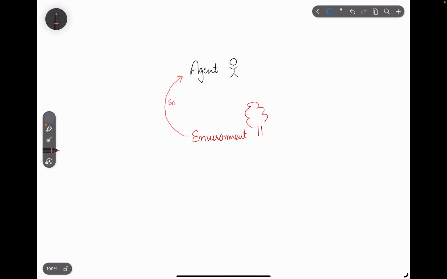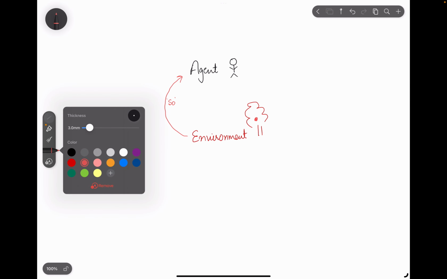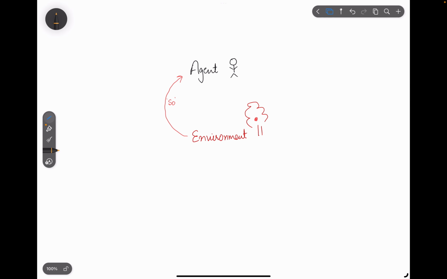The agent approaches the environment and senses it. Say the agent reached the tree and found an apple. That is state 0. Then the agent takes that state, and based on it, does some action, say A. I was the agent, I saw the tree and the fruit, and my action was that I wanted to pluck that fruit.